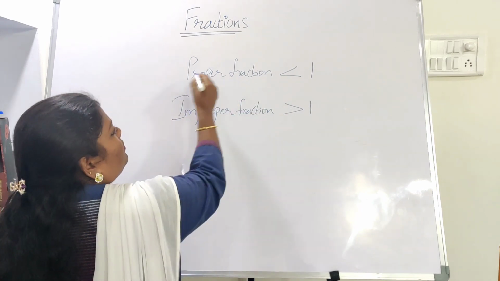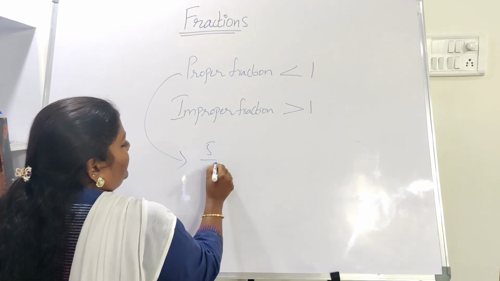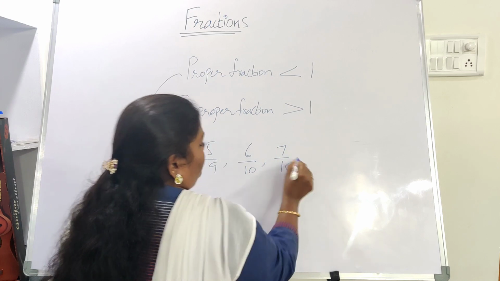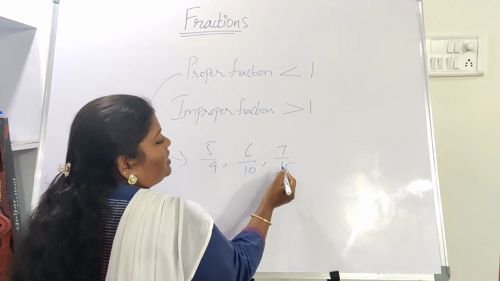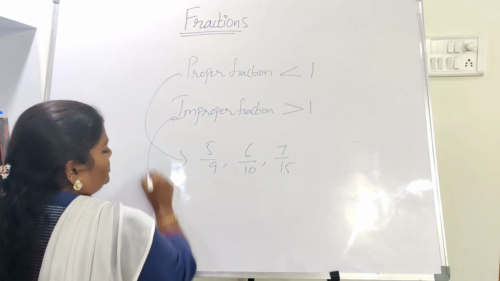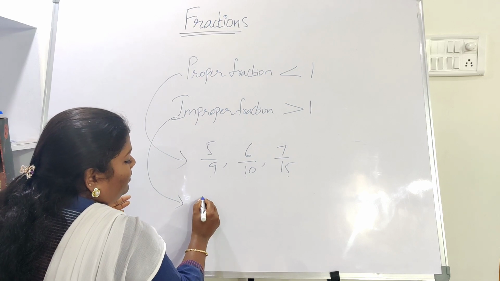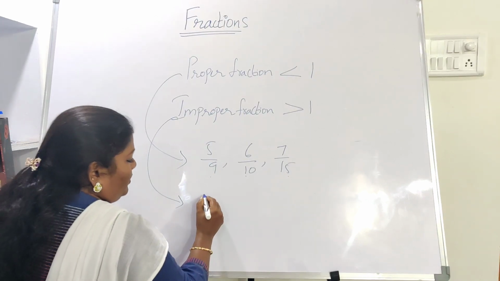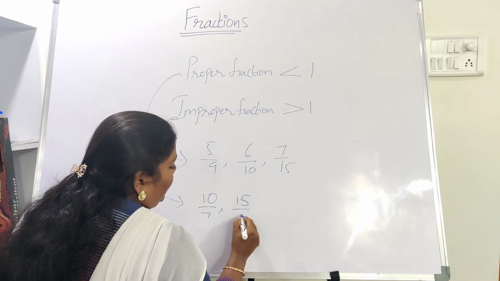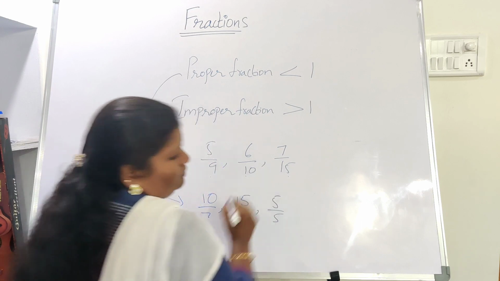The proper fraction examples I can give are 5 by 9, 6 by 10, 7 by 15. All the denominators will be greater than the numerator. And what about the improper fraction? As I told you, the numerator will be greater than the denominator. So 10 by 7, 15 by 8. It can be 5 by 5 also.